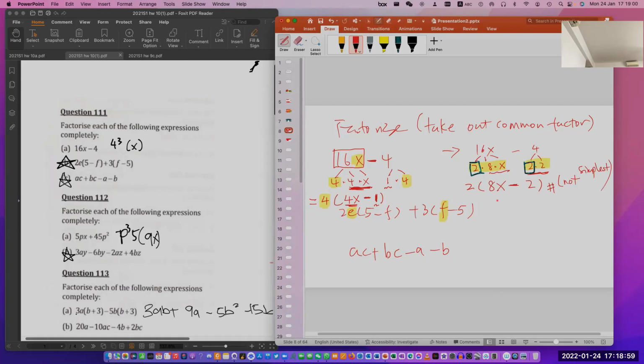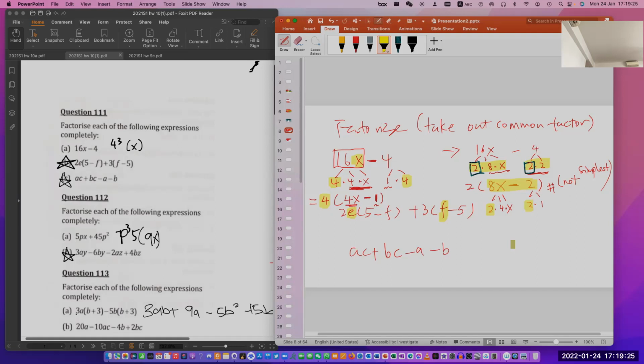The reason is for this 8x, you can actually continue to do 2 times 4x. And for this, you can continue to do 2 times 1. And you still see that even after you have taken out the 2, inside the bracket here, you still can take out another 2.